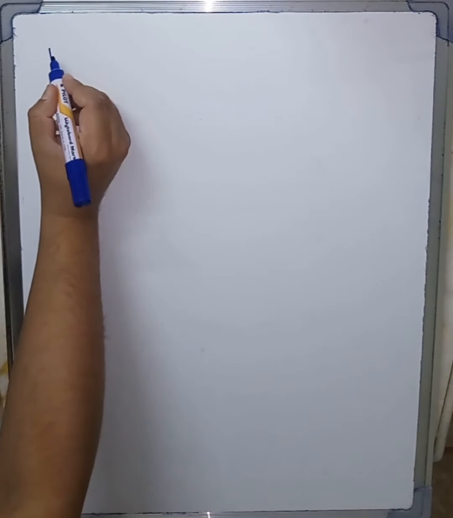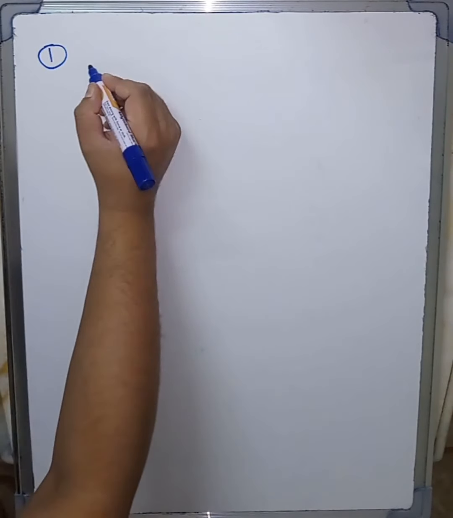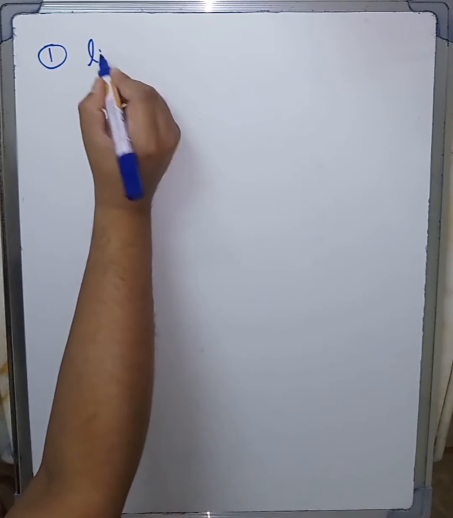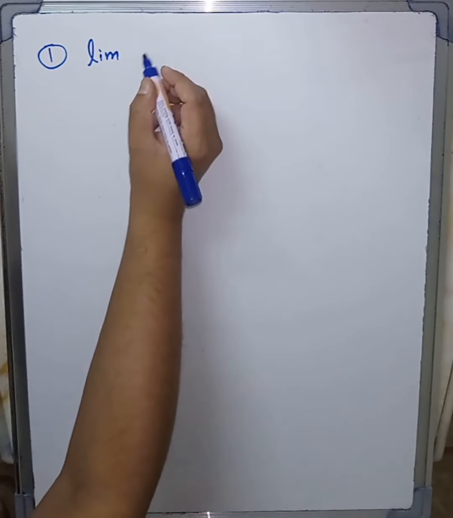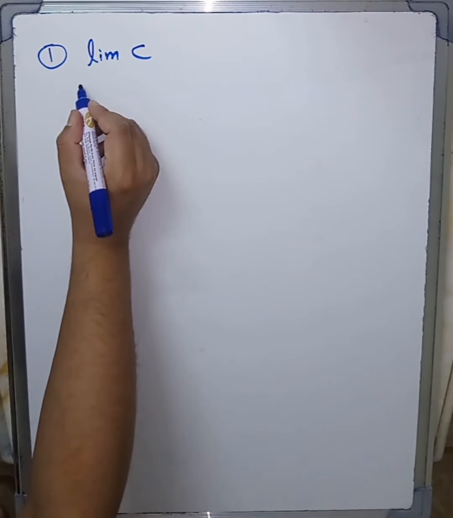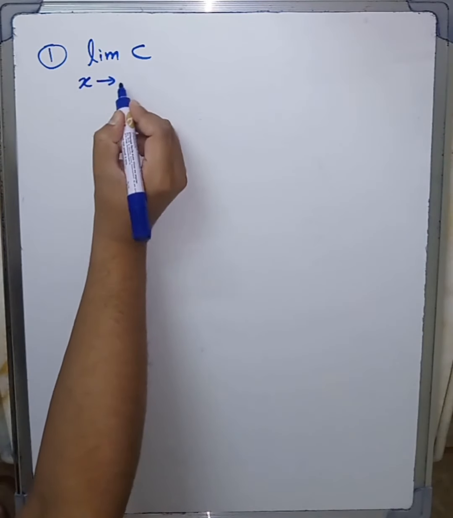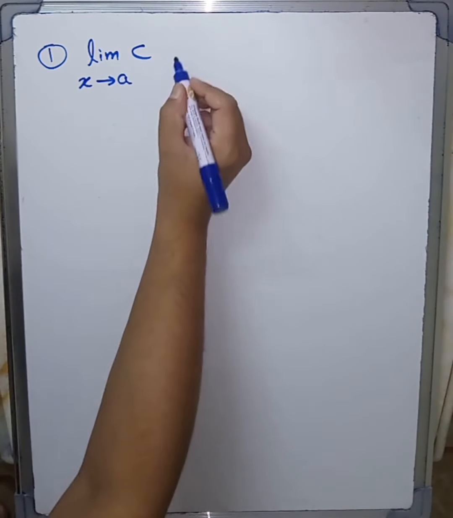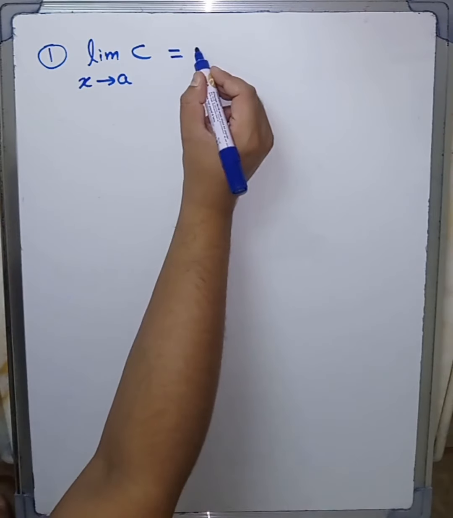Students, today we will discuss some properties of limits. So let us write them one by one. Property number 1: limit of a constant c as x tends to a will be equal to c.